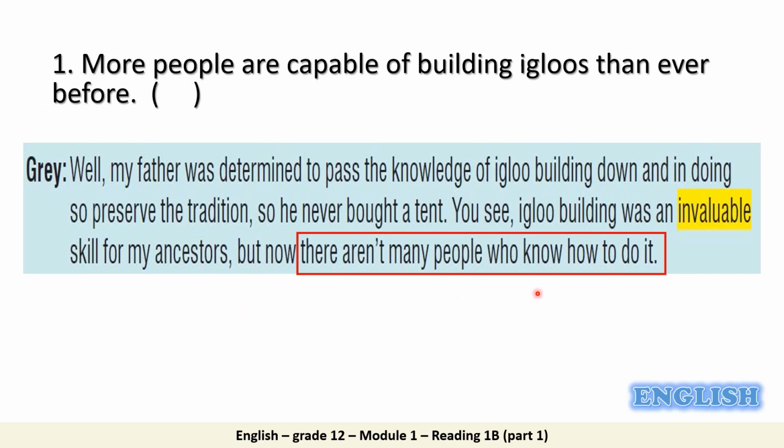There aren't many people who know how to. So in here we have more people, and in here there aren't many people. So the piece of information is mentioned in the passage, but it is wrong. So true, false, not mentioned? Yes. Excellent. It is false.